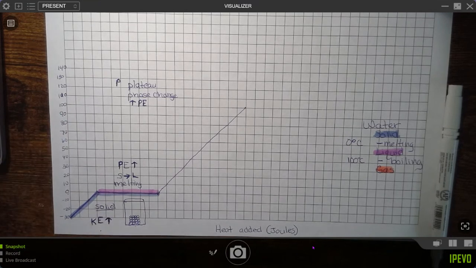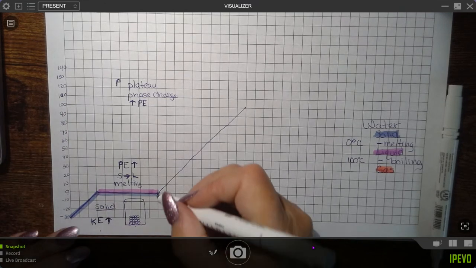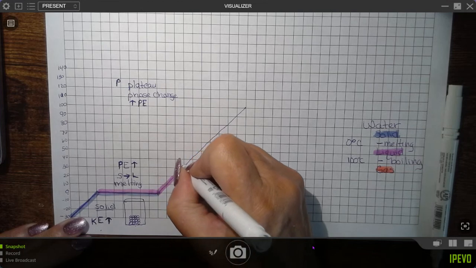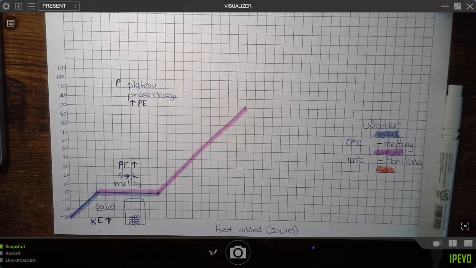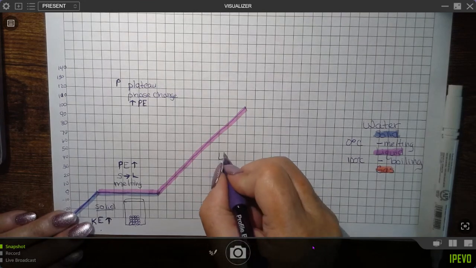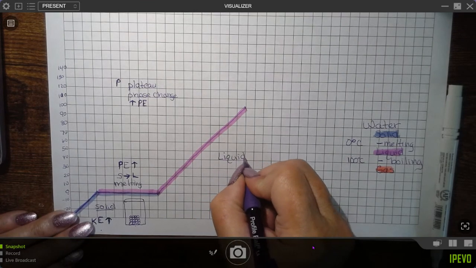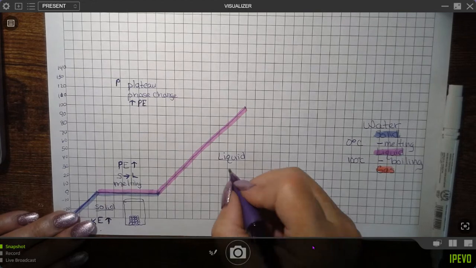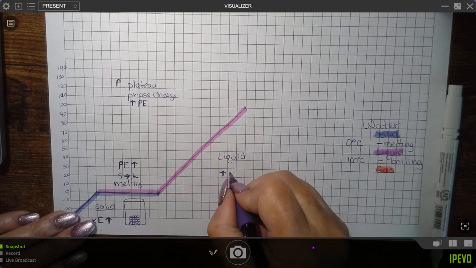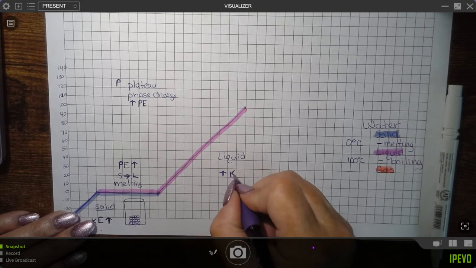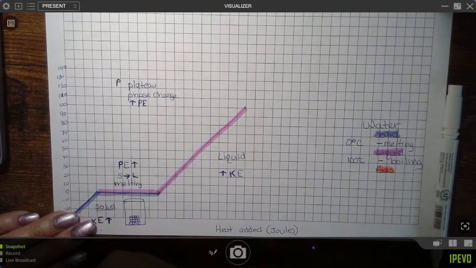And at this point along our graph, all we have is liquid water, and that liquid water is just heating up because the kinetic energy is increasing. Along the slope, the kinetic energy is increasing.